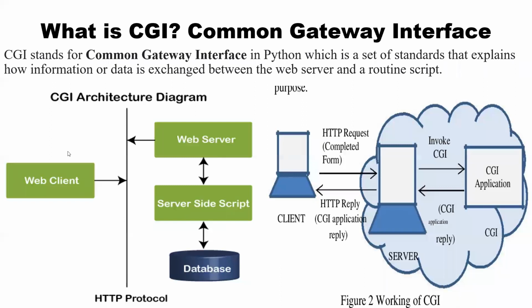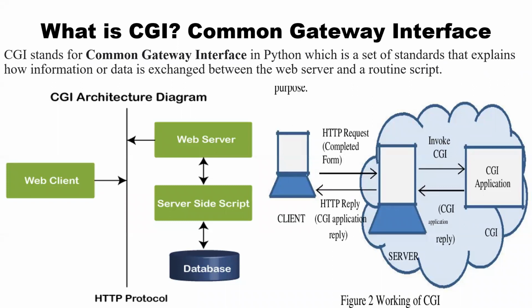For example, from the web client, a user will send a request to the server. It may be a request for a link, or it may be a request for a file, whatever it may be. When that file is available with the web server, then immediately it is given to the web client. So in the process of response, the web server will respond in the form of a result, maybe a file, maybe a link response.